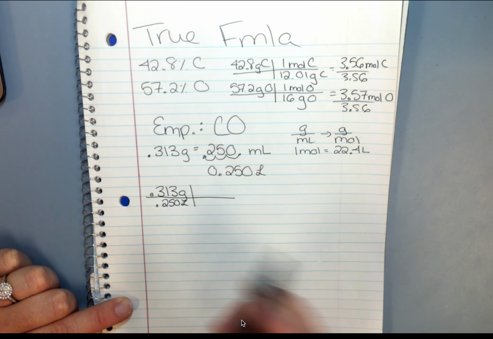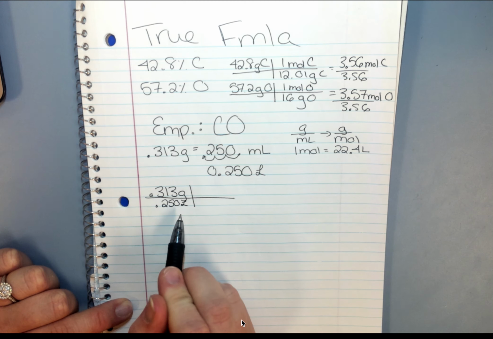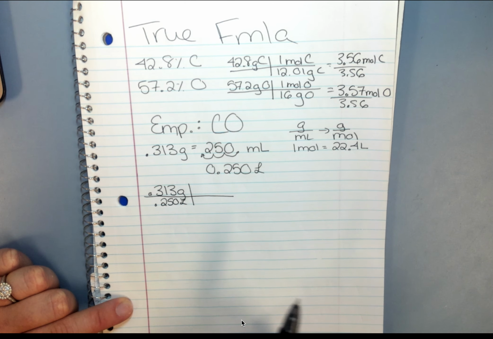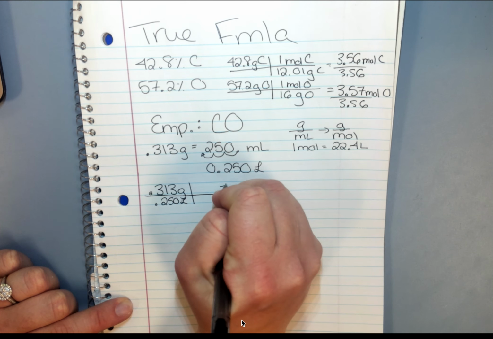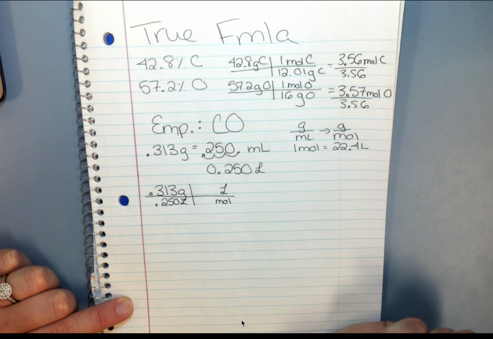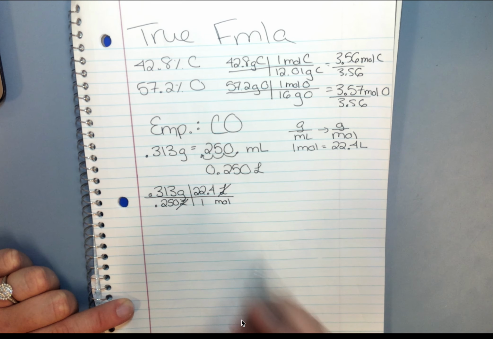Just as a reminder, whatever we're trying to cancel out, we want to have on the top and on the bottom. So we want to keep grams the same. It's just liters that we're changing. So I'm going to put liters up top and mole on the bottom because that's what we're trying to get to. And I know that 1 mole is 22.4 liters. So liters cancels and I'm left with grams per mole.